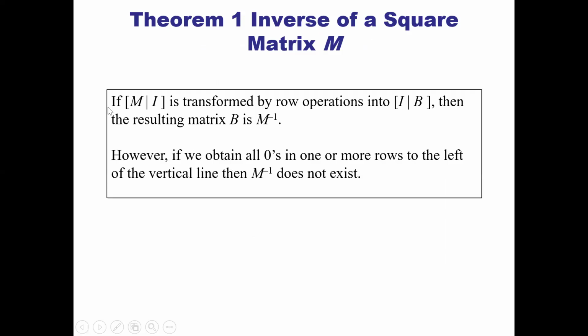All right, so if M augmented with I is transformed by row operations into I augmented with B, then the resulting matrix B is really M inverse. However, if we obtain all zeros in one or more rows to the left of the vertical line, then the inverse doesn't exist. So, if we had something like the following, when we got to a certain point, we had 1, 0, 0, 0, 1, 0, and 0, 0, 0.